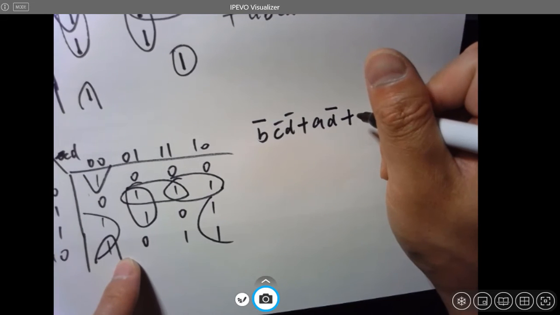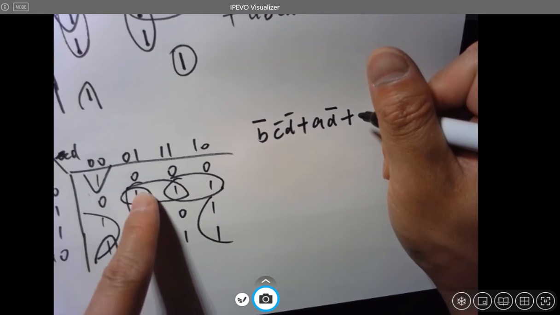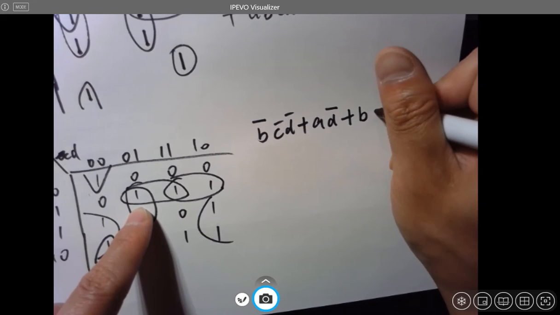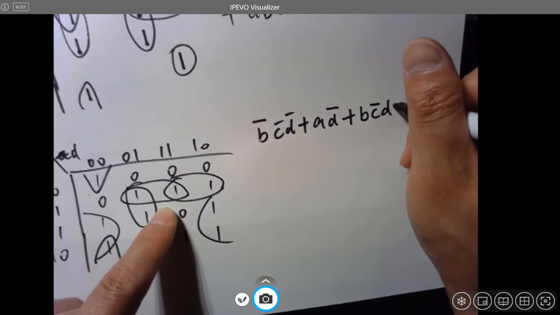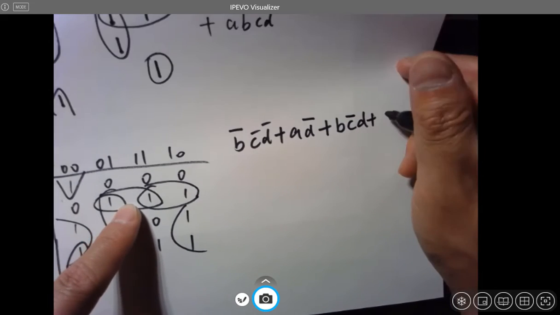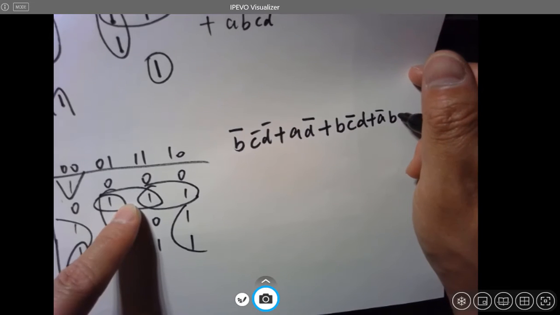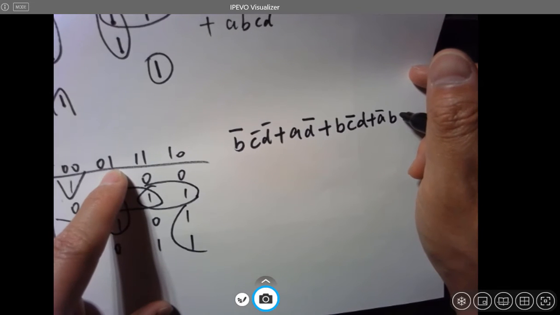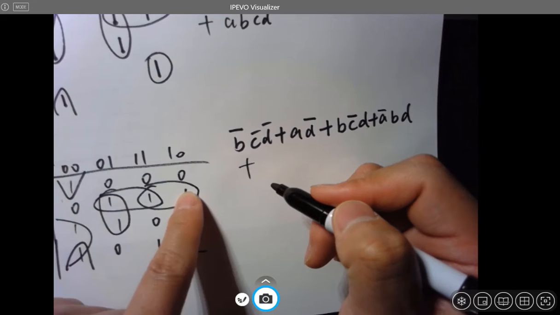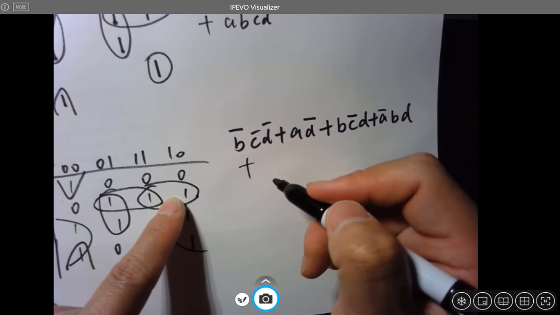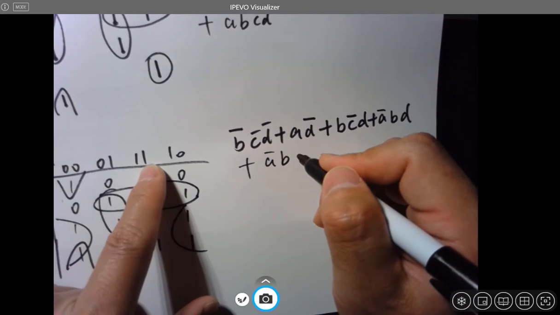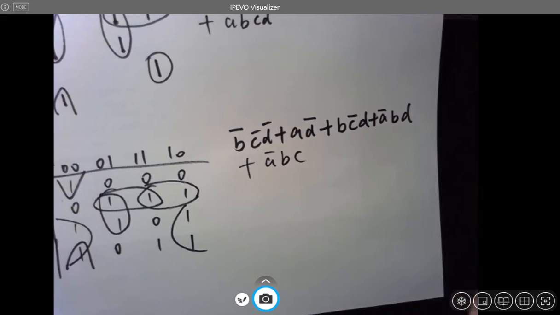or this 2, which is B, C naught, B, and this 2, which is A naught, B, D. And the final 2, A naught, B, C. Okay, this is how to do it.